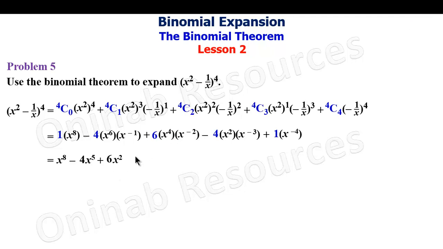So we have it as x squared. Then this is going to be minus 4. X raised to power 2 times x raised to power negative 3. We just say 2 minus 3 gives negative 1. So we have x raised to power negative 1 there. Then finally plus x raised to power negative 4.